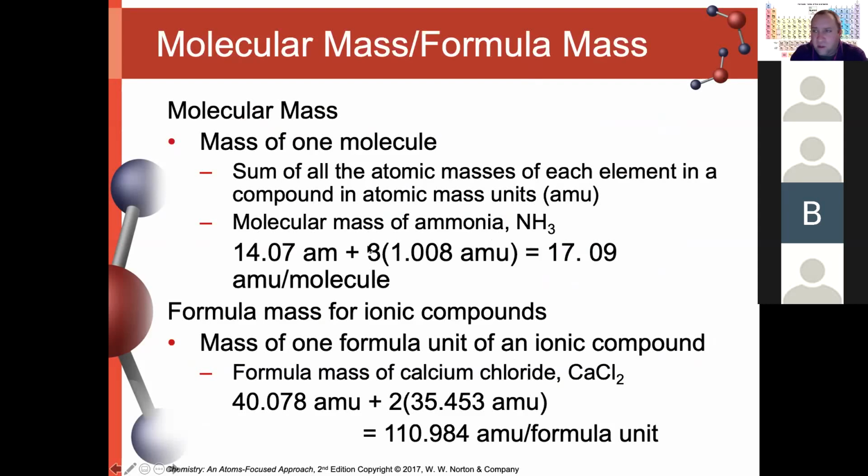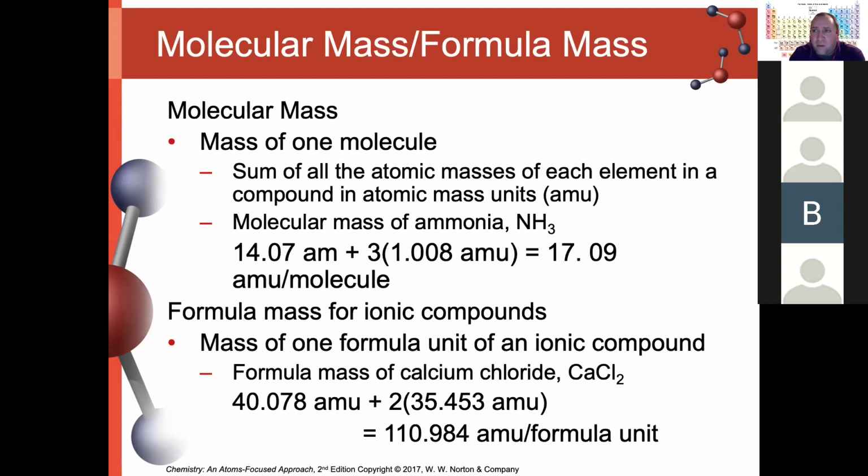Let's talk a little bit then about some calculations that we can actually do using the periodic table. We've already talked about the idea of atomic mass, the fact that the periodic table gives us an average atomic mass that we can calculate from isotopic abundances if we just know how much of each one is present.